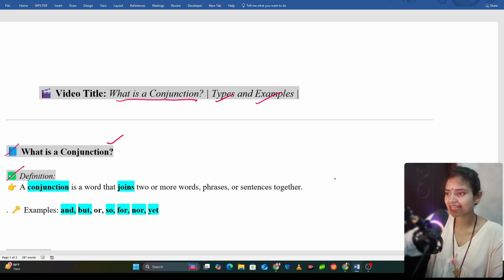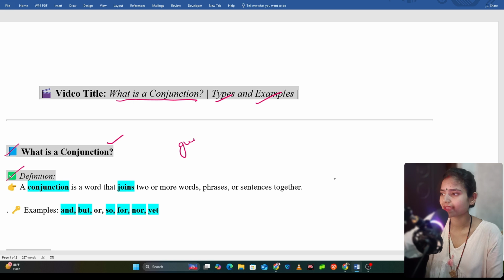So to understand conjunction, first I will give you an example. Suppose I have a gum, and there are two papers with me.